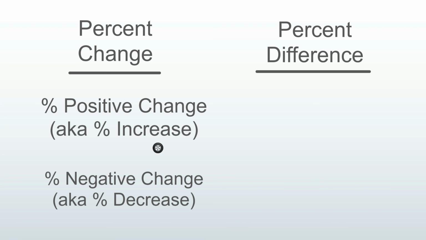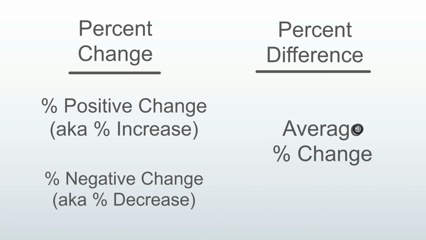Percent change, you have to specify whether it's an increase or a decrease. Percent difference is basically the average of the percent increase and the percent decrease, but it does not represent an actual physical property, meaning this is not the number of rotations one wheel is making relative to the other.